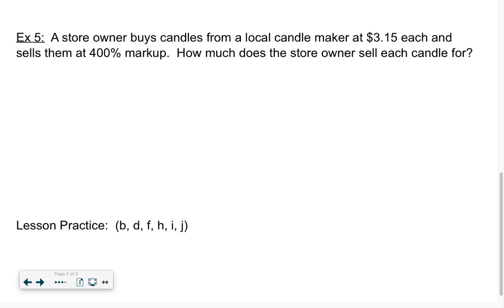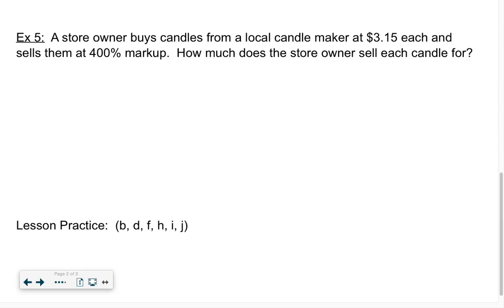So for that example, you were the customer. When we talk about markup, now you are the business owner. We have to make some money when we sell these items, so we are going to mark up these items that we are trying to sell. Here we're trying to sell some candles from a local candle maker that charges $3.15 for each of them.